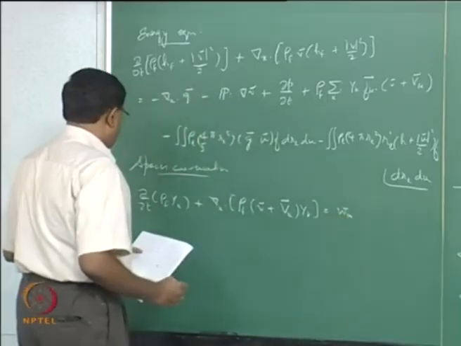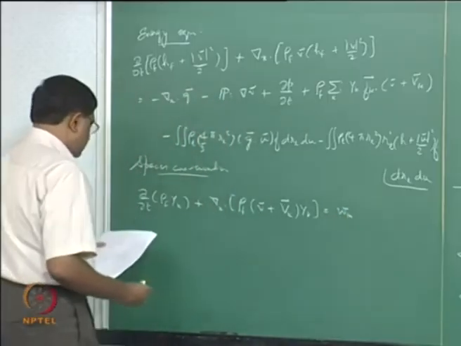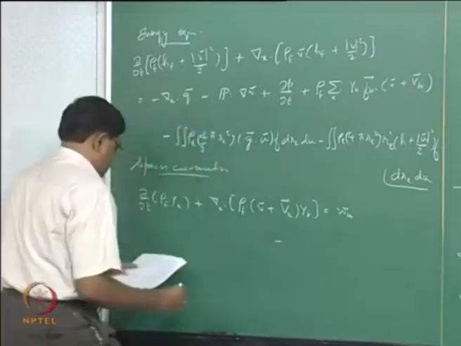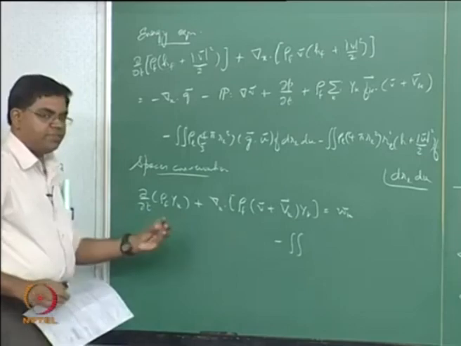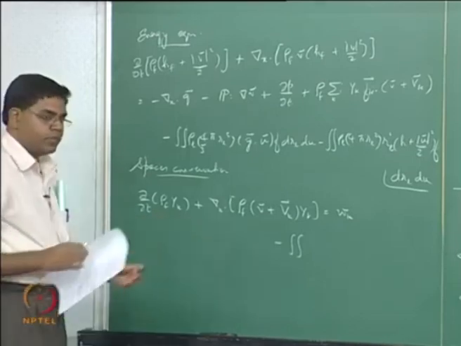the chemical production minus, we also have production of the kth species of the gas from droplet evaporation, right.